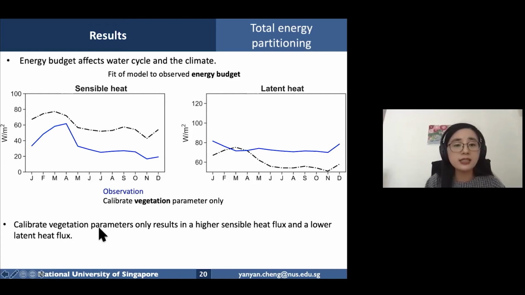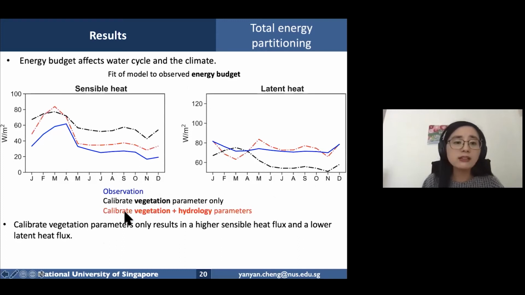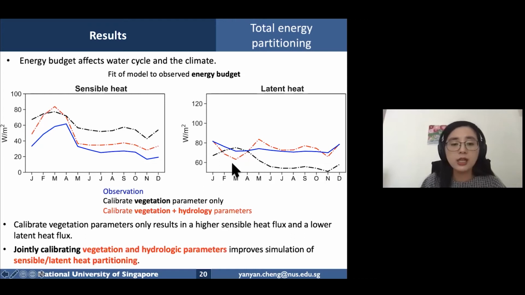We can see, corresponding to the systematic bias I mentioned earlier, that if we only calibrate vegetation parameters, it results in a higher sensible heat and a lower latent heat. And this is the result when we calibrate both the vegetation and the hydrology parameters. We can see that with the additional calibration of the hydrological parameters, it also improves the simulation of the energy budget.